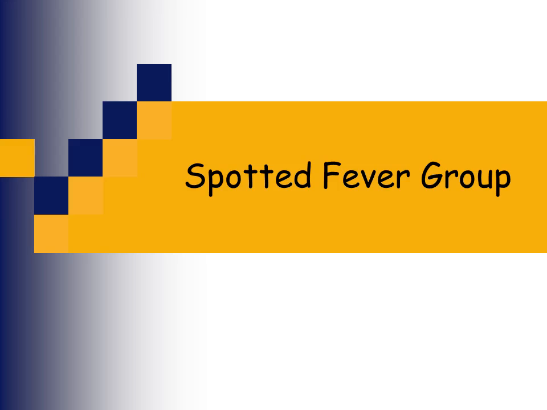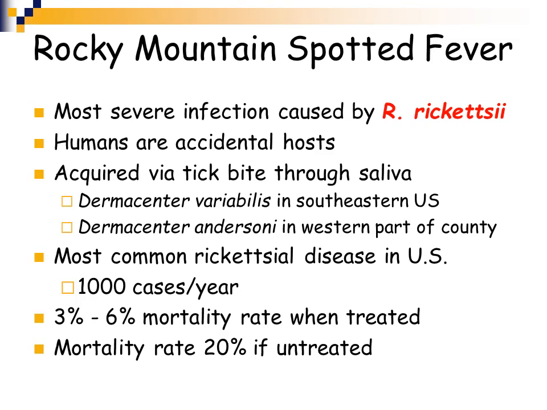We're going to start out by talking about the rickettsial organisms that are within the spotted fever group. So we have Rickettsia rickettsii, which is the most severe infection of the rickettsiae, and it causes Rocky Mountain spotted fever. Humans are usually accidental hosts of Rickettsia rickettsii.